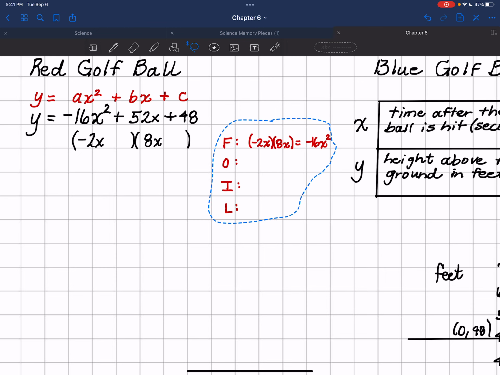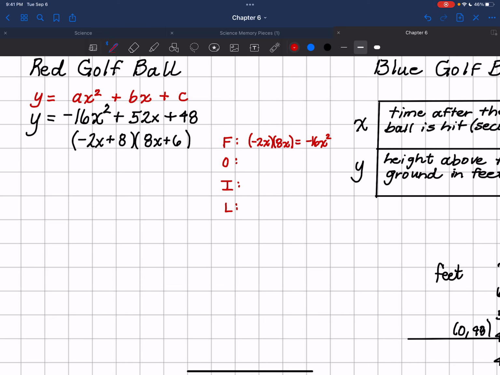I believe it is, but I'm going to have to try it to be sure. Okay, to get a positive 48, the first thing that comes to my mind is the 8 times 6 multiplication fact, and it's positive, so we would want both of these to be positive. So let's see if FOIL holds true on this one.